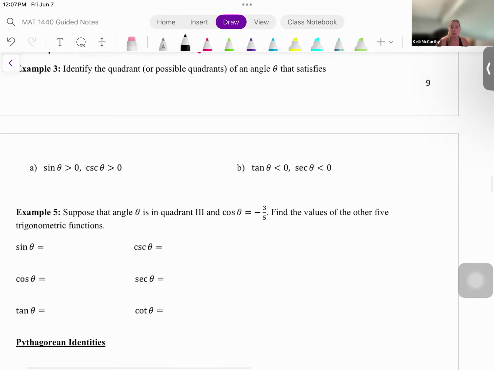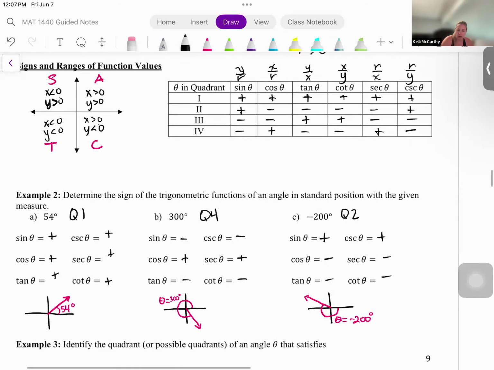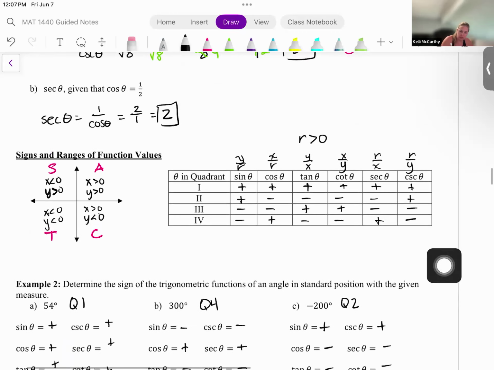Identify the quadrant or possible quadrants of an angle theta that satisfies the following. So we know that sine is going to be positive and cosecant is going to be positive. Sine is positive in quadrants 1 and 2. Looking at this chart, everything is positive in Q1, sine is positive in Q2.